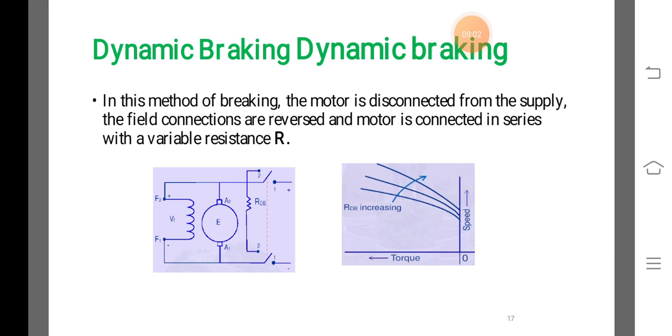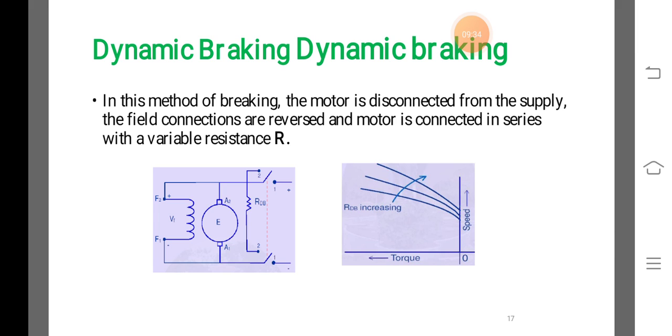So dynamic braking has some advantages and disadvantages. This method is effective and the motor stops very quickly. This method is adopted for non-reversing drives where regeneration is not possible. The disadvantage is that the generated energy is wasted in the form of heat loss in the resistance.